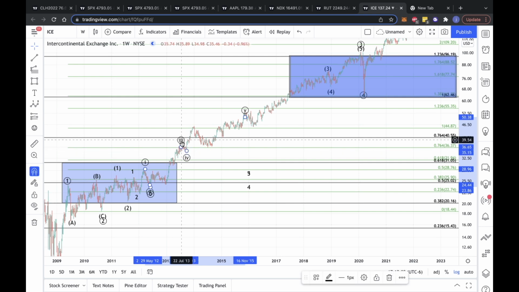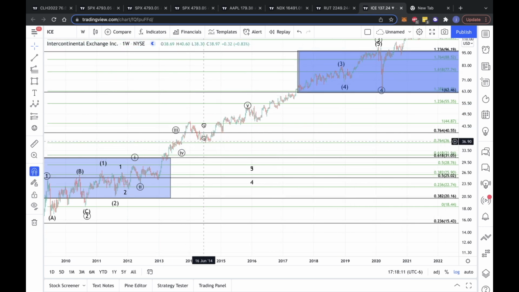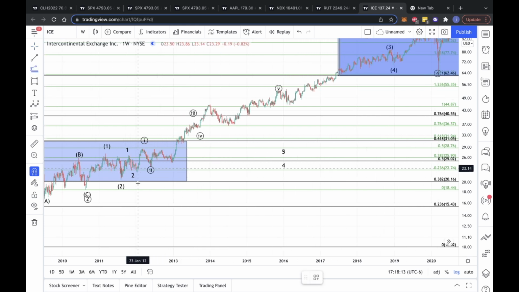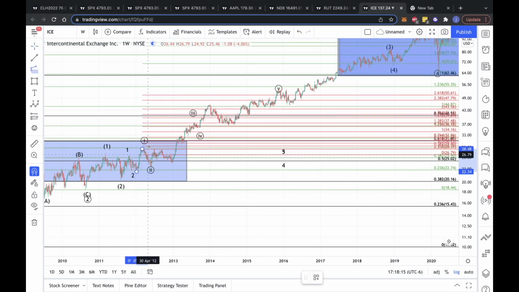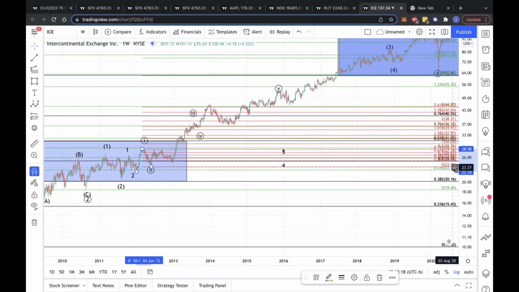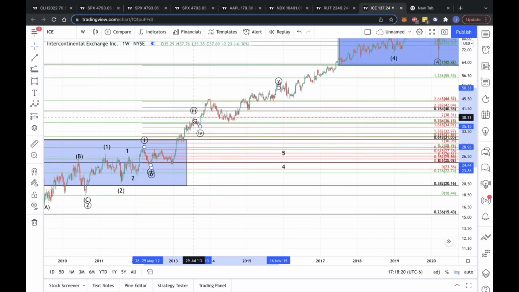Even this makes a little bit more sense here where, let's see, off of this low. Yeah, this makes actually some sense here.